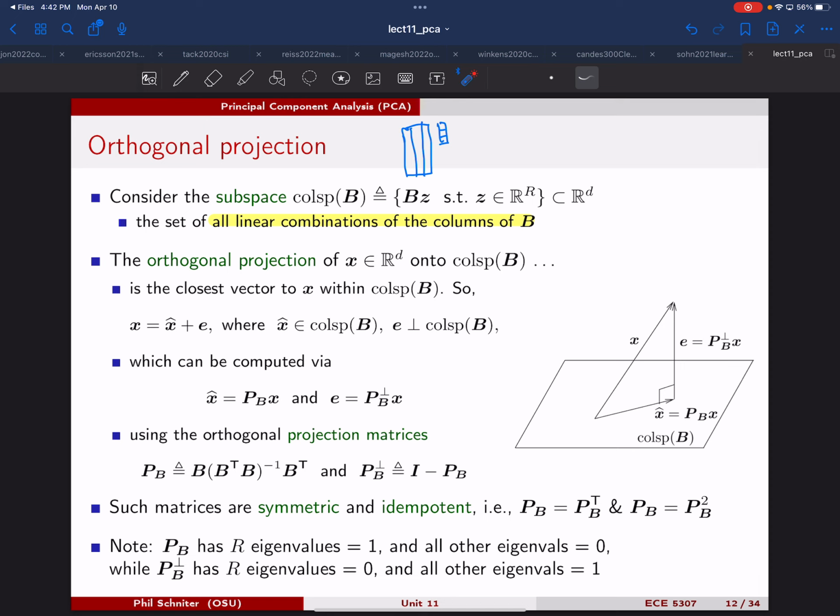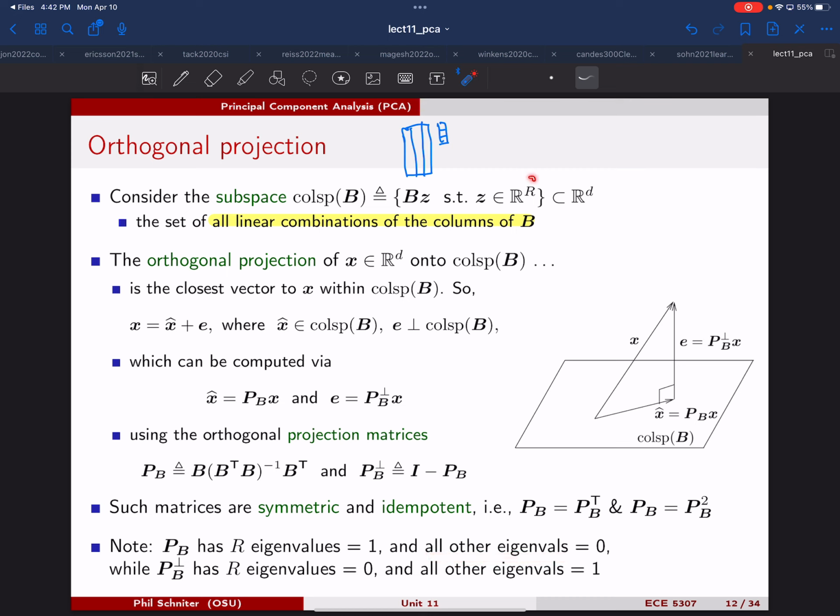Okay. So any matrix you construct with these two properties will basically be a projection matrix associated with some subspace. Another interesting point, which we'll use in the future, is that when you look at the eigenvalues of these matrices, you find that PB has R eigenvalues equal to 1, and all the other eigenvalues are equal to 0.